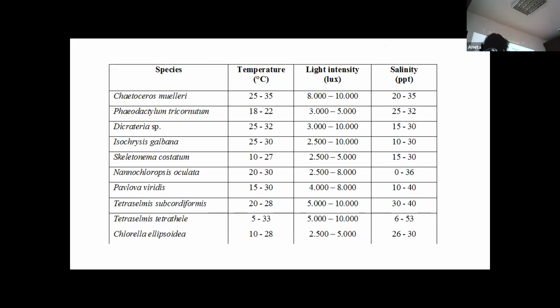I just put here how it looks, what is in Guillard, and a lot of recipes for how to prepare it. So if it is not possible to buy a commercial solution, we can prepare it or buy all the elements that enter into this solution.